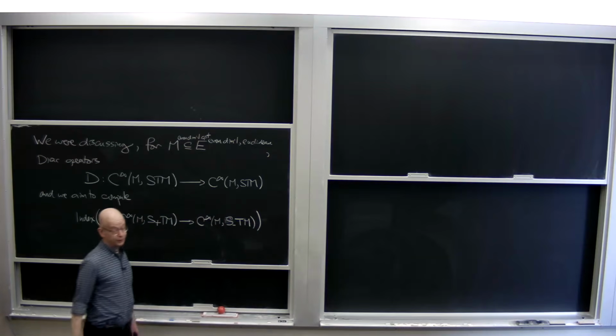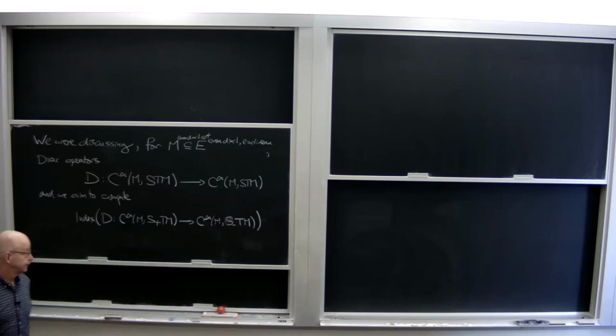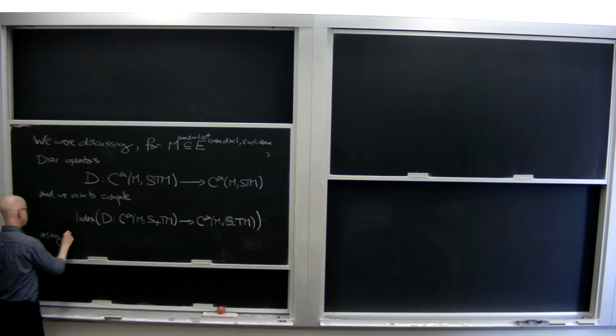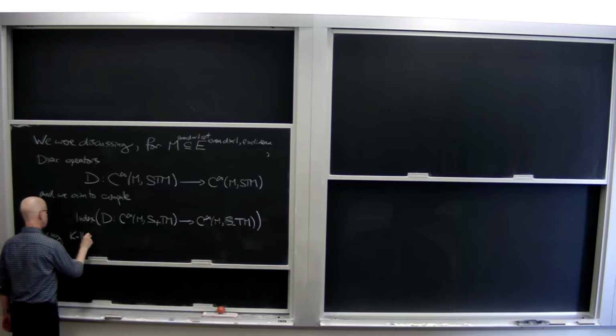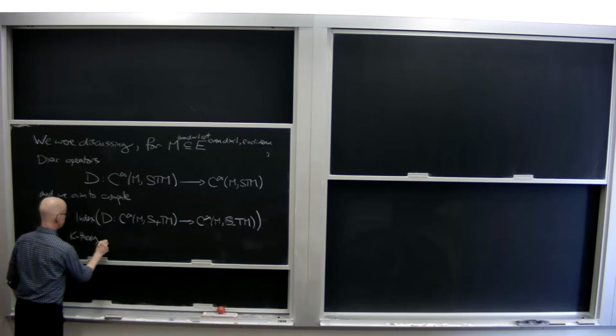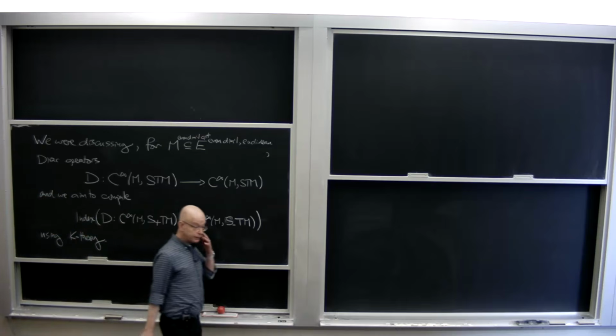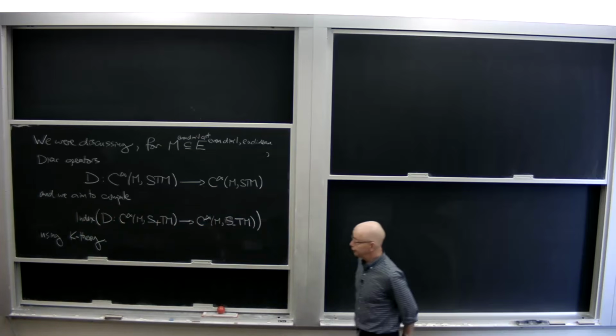And so this thing is a Fredholm operator in the sense that its kernel and cokernel are finite dimensional. And this is the index that we want to calculate. There's more than one way to do this, but we're going to do this using K-theory.